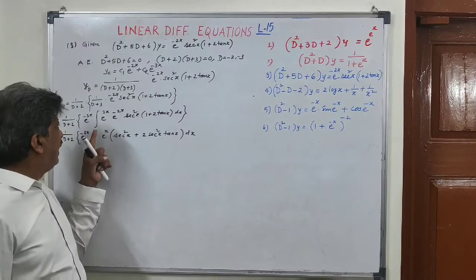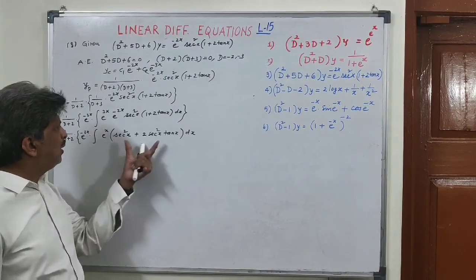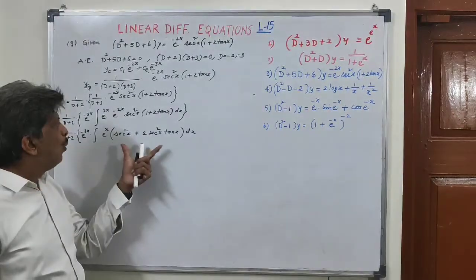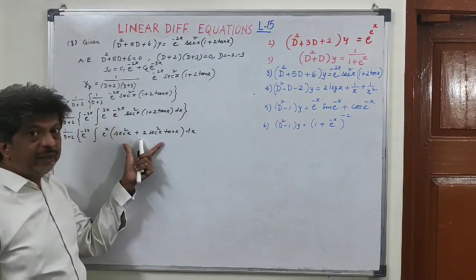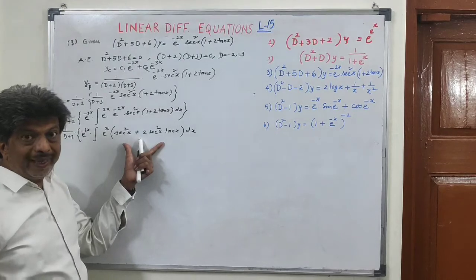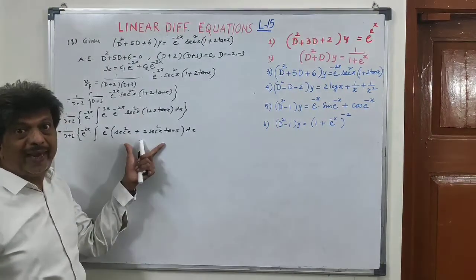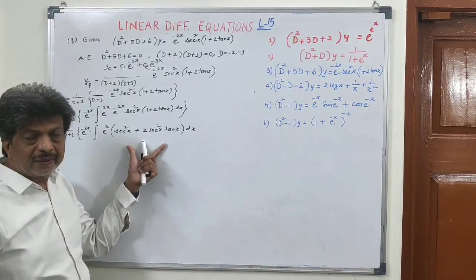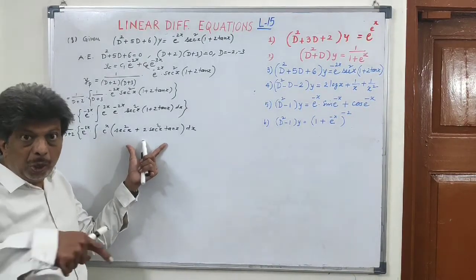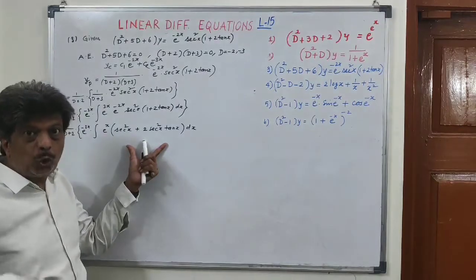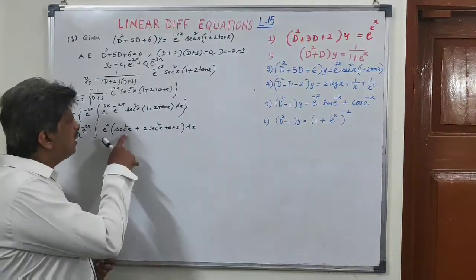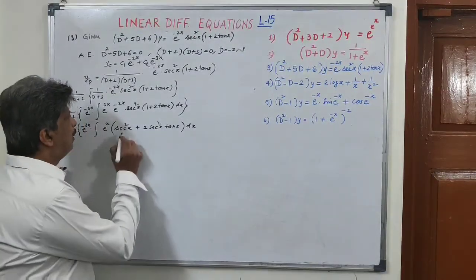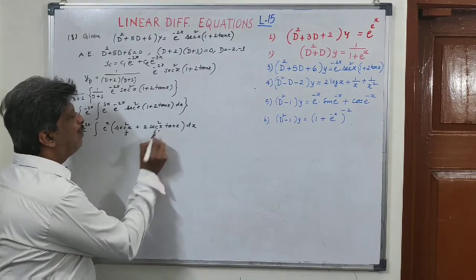So, integral e raised to power x into this bracket sec square x plus 2 sec square x tan x. Why this? I have written like this because what is the derivative of sec square x? Derivative of sec square x is 2 sec x into sec x tan x, which is 2 sec square x tan x. So this is f of x and this is f prime of x.